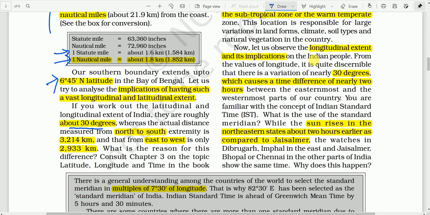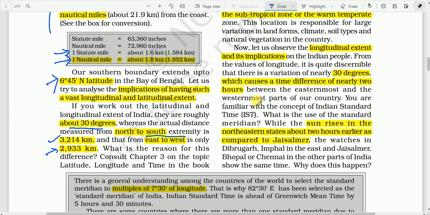Whereas the actual distance measured from north to south extremity is 3,214 kilometers, and from east to west it is 2,933 kilometers.